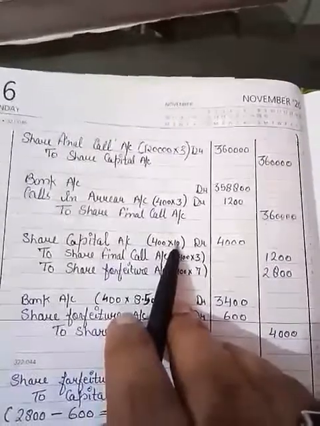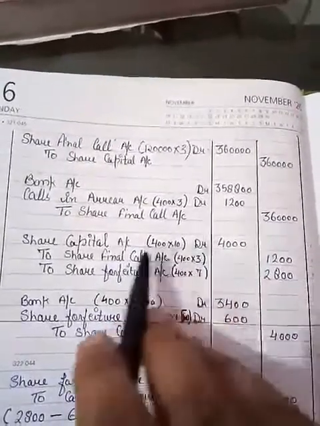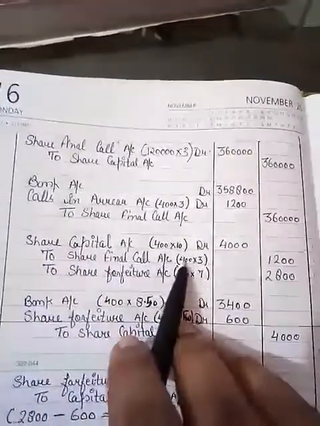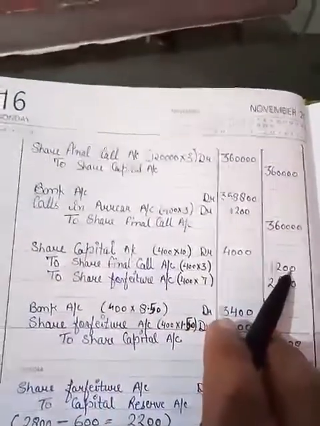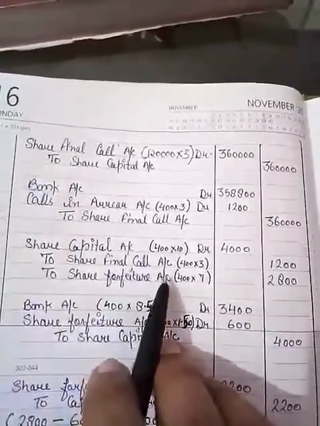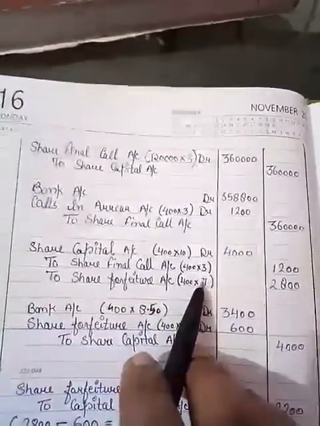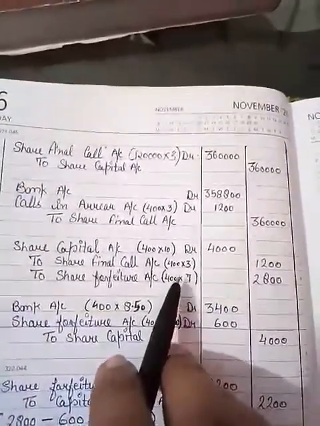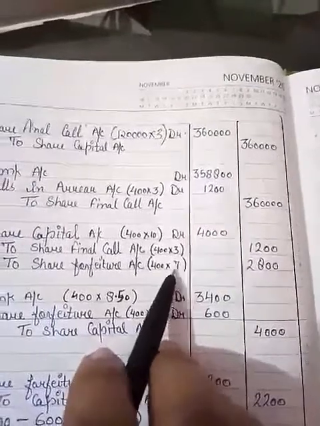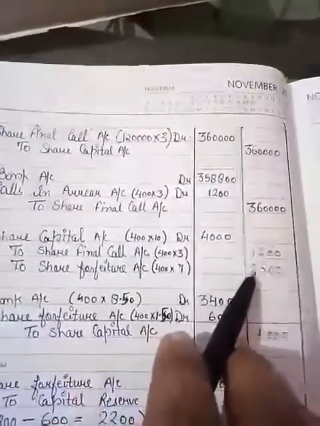So 400 into 10, that will be 4,000, and the amount which he is not able to pay was 400 into 3, that is 1,200, and the amount which we are forfeiting is 400 into 7, because he had paid application, allotment and first call, that is 2,800.